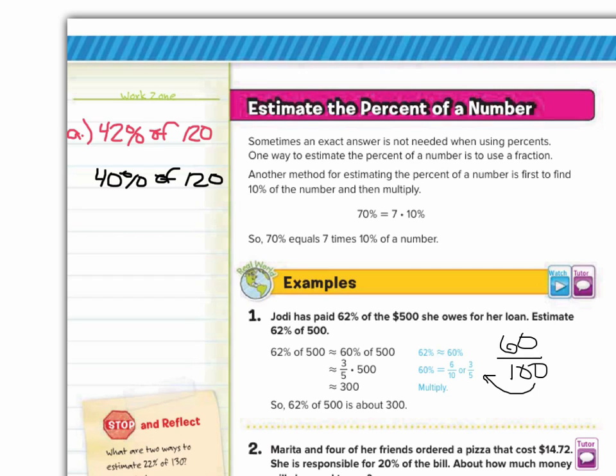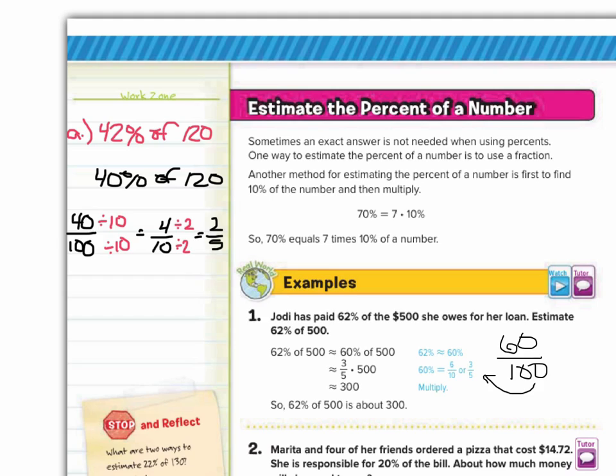And let's use our fraction method for this. 40% as a fraction is 40 over 100. Now, to simplify, let's start off by dividing by 10 on top and bottom. We end up with 4/10. Then, if we divide by 2 on top and bottom, we can end up with 2/5.